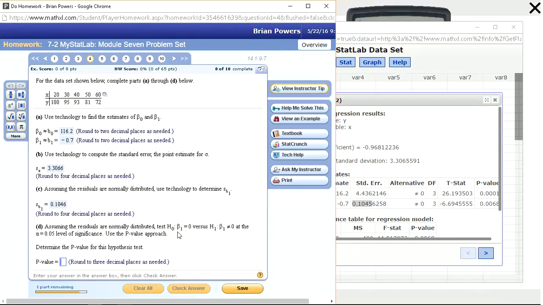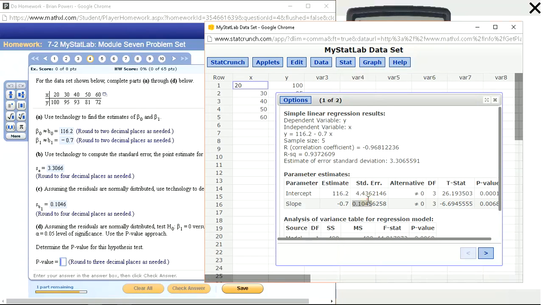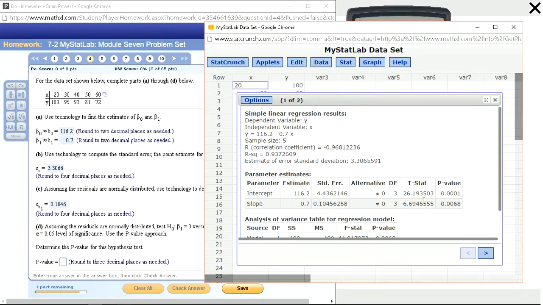And assuming the residuals are normally distributed, test the null hypothesis beta 1 equals 0 versus the alternative that beta 1 is not equal to 0 at alpha equals 0.05 using a p-value. For this question, we look right here at this line in the linear regression output.